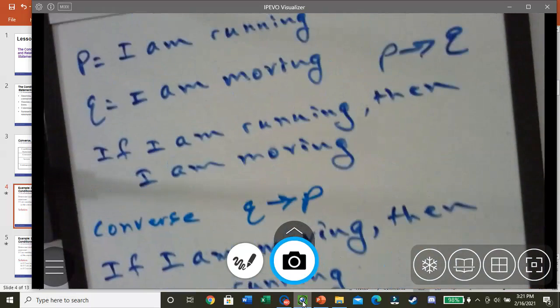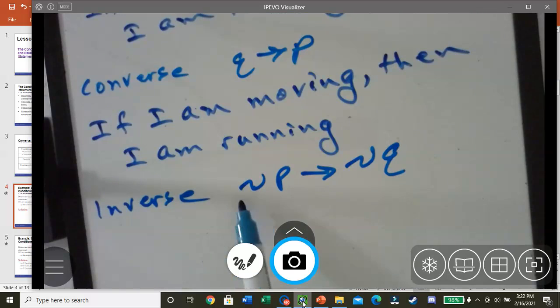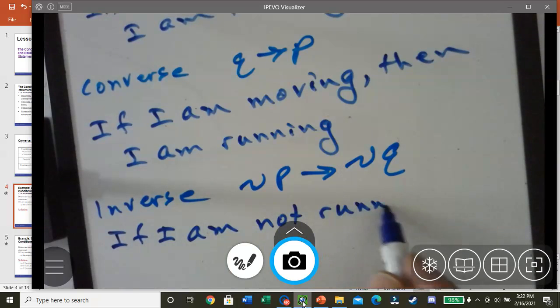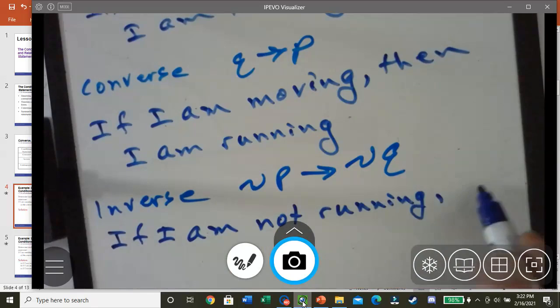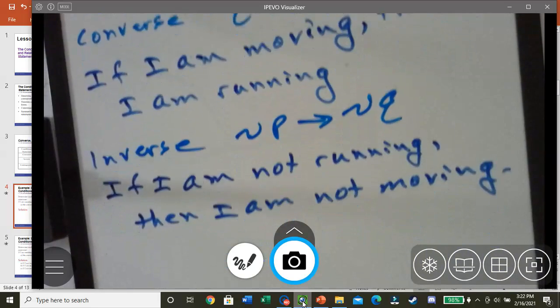Since P is I am running, then the inverse would be if I am not running, comma, then I am not moving. Okay, so that's the inverse.